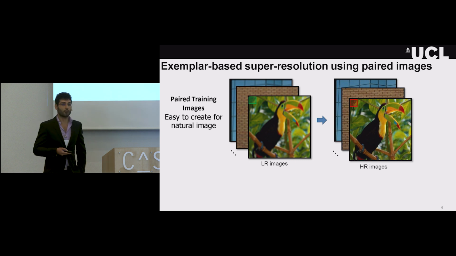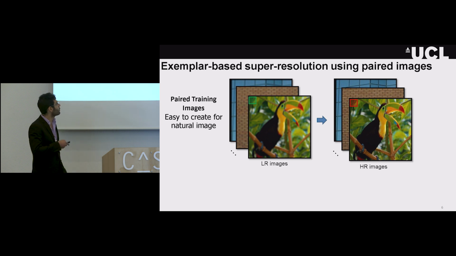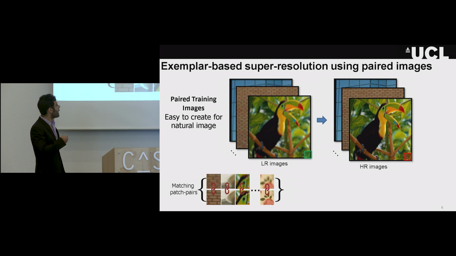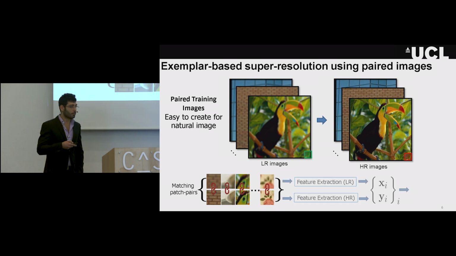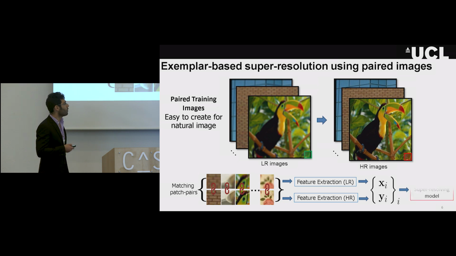Exploiting the success of deep learning, we thought we could use exemplar-based super resolution, which is a deep neural network that takes as input low-quality images and paired high-quality images to train. Specifically, the algorithm goes through all the patches in a training database, extracts paired patches and some features, and creates a model that can map the low-quality images to the high-resolution images.